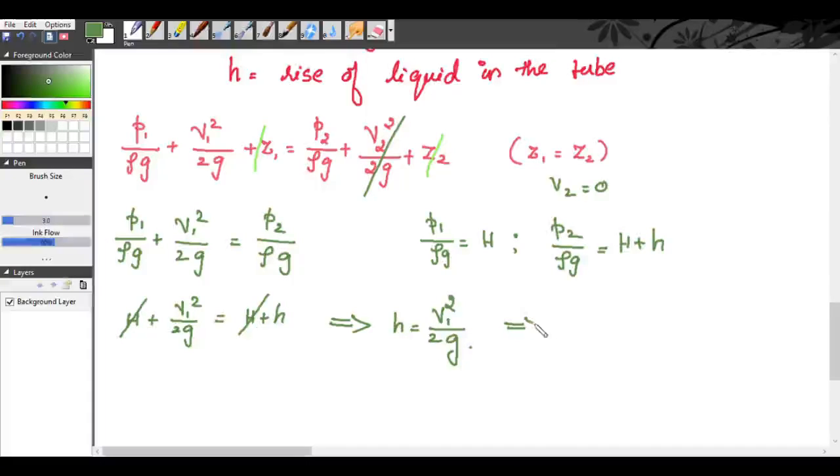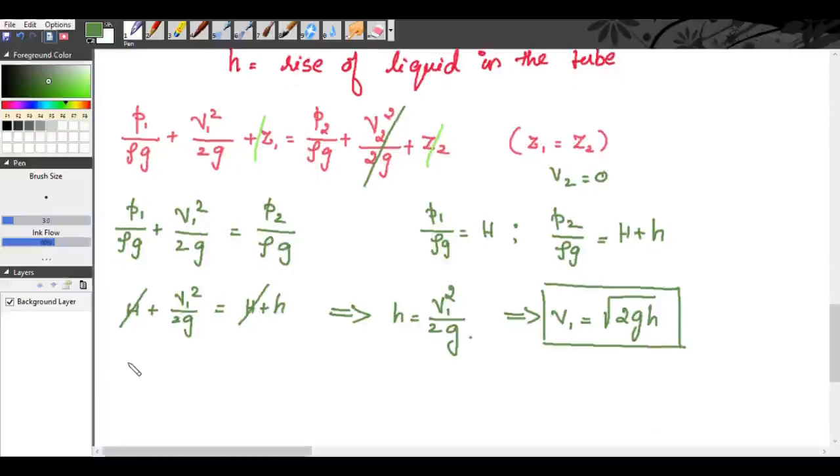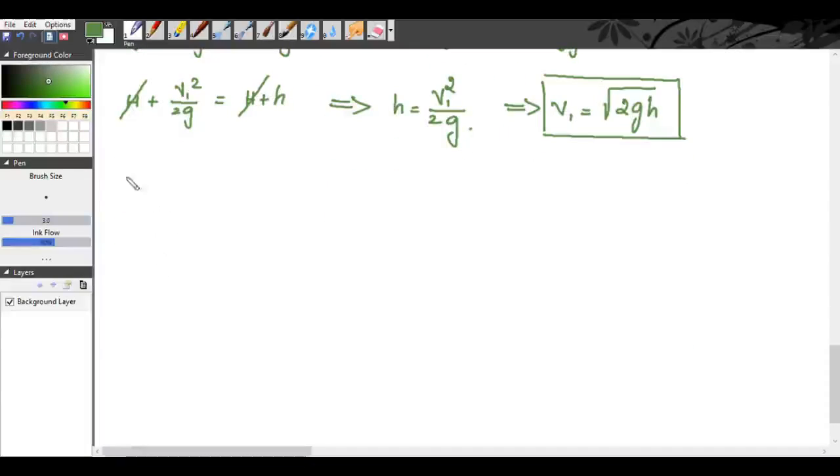From this we get V1 is equal to root of 2gh. So velocity is equal to root of 2gh, and this velocity is called the theoretical velocity.